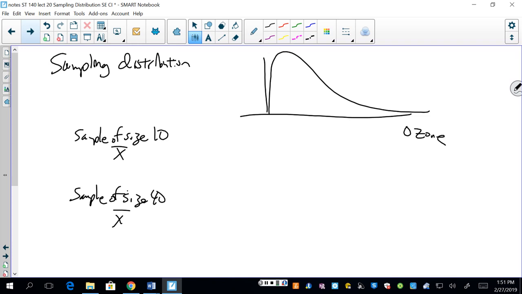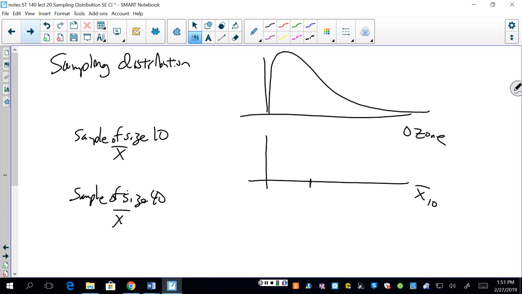Well, the average from a sample of size 10 from a large population has its own average. Right? What would be the typical value of X bar? And it has its variability. In general, the values of X bar based on 10 observations are going to be centered about the same center value.